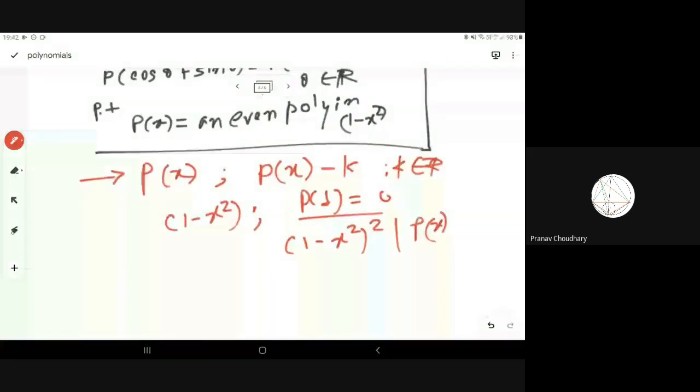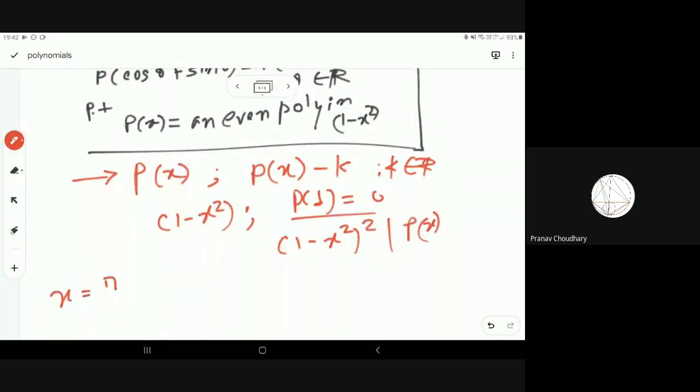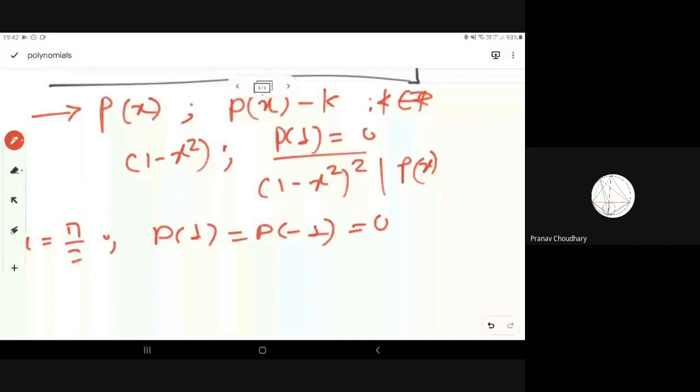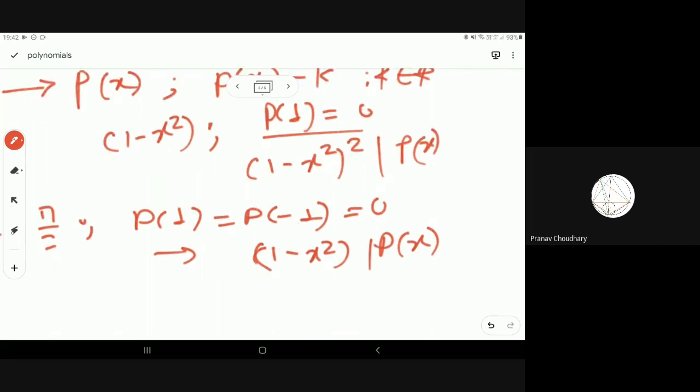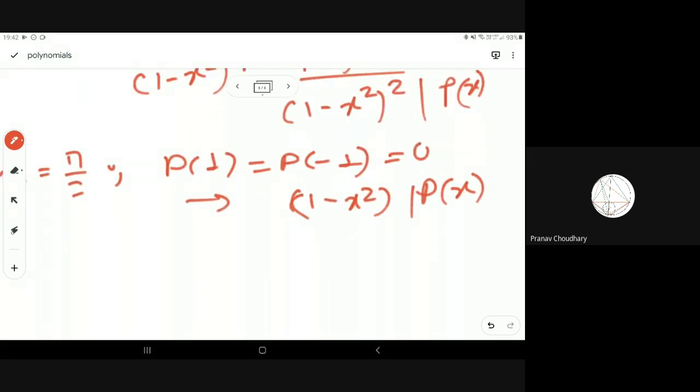Next, if you substitute pi by 2, you get p(1) equals p(minus 1), which is equal to 0. So this directly gives you that 1 minus x squared divides p(x), right? So you got one factor of 1 minus x squared. Now we just need to double it. In other words, we need plus 1 to be a double root of p(x) and minus 1 to be a double root of p(x).